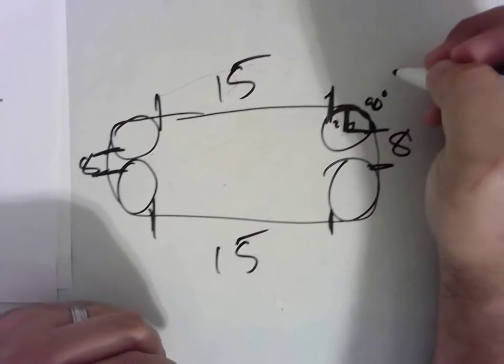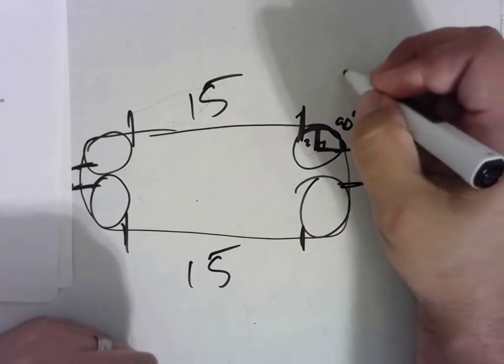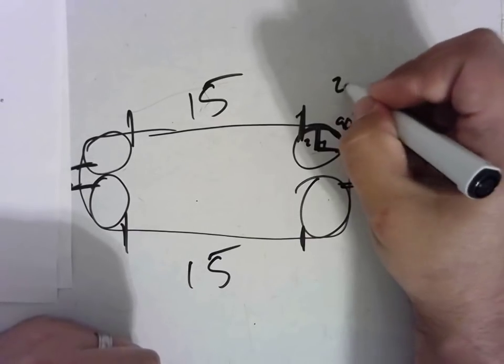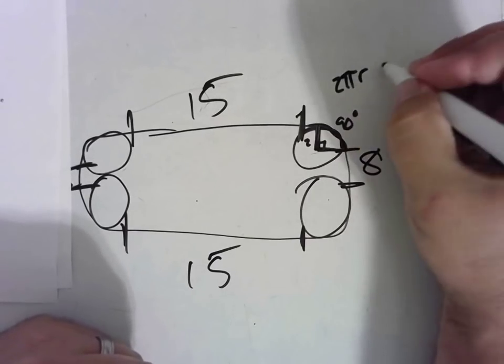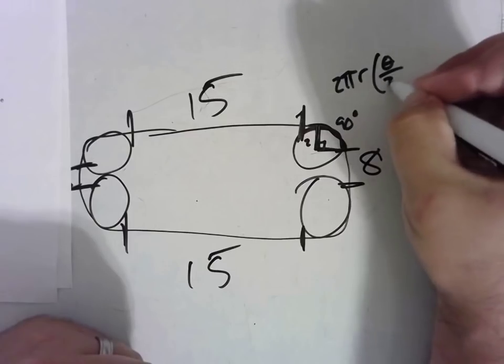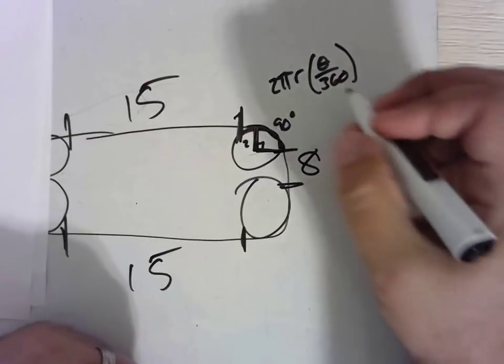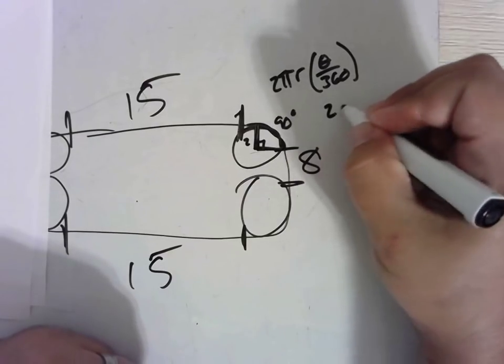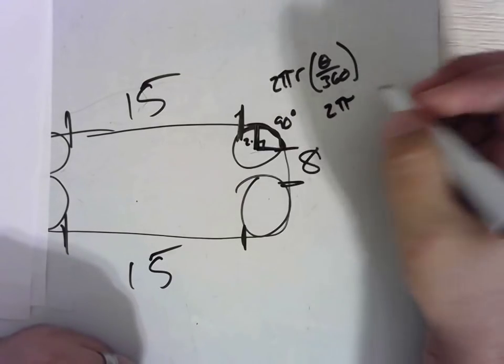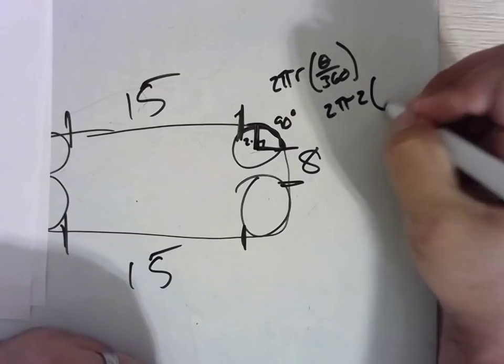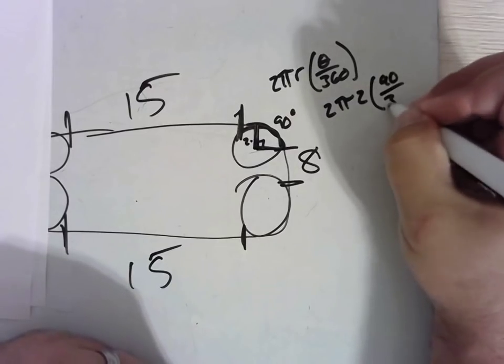So I'm trying to find arc length, which is going to be circumference, 2 pi r, times theta over 360, where my theta is 90. So I have 2 times pi times my radius, which is 2, times 90 over 360.